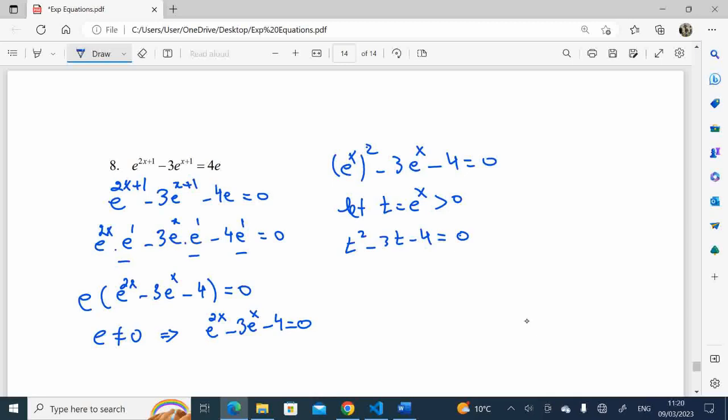So here, if I use the calculator, we get t equal -1 or t equal 4. So t equal -1 rejected. So t equal 4 means e^x equal 4. So ln e^x equal ln 4. So x equal ln 4.